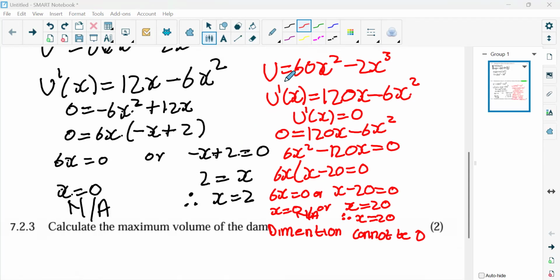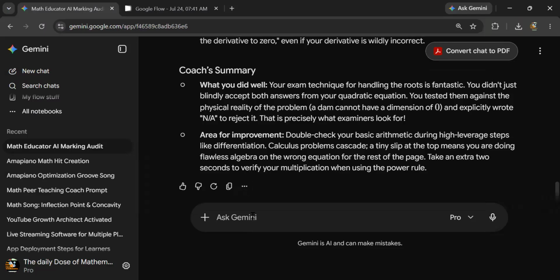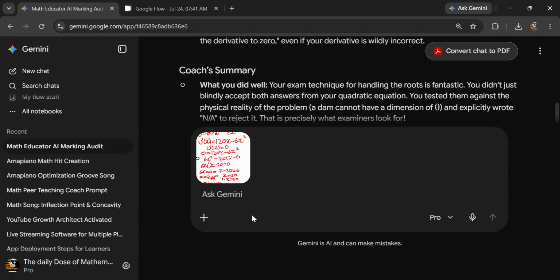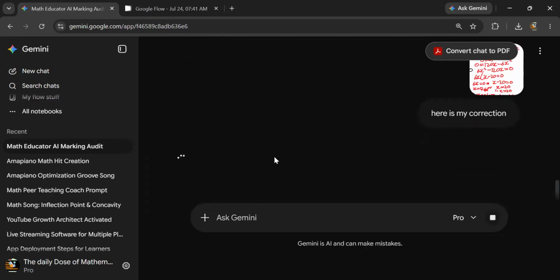Welcome to the Daily Dose of Mathematics. Daily Dose. Optimization questions. Don't let them trick your mind. It's not just volume. Any formula you can find. Surface area, perimeter, or profit on the page. Read the question carefully. Step onto the stage.